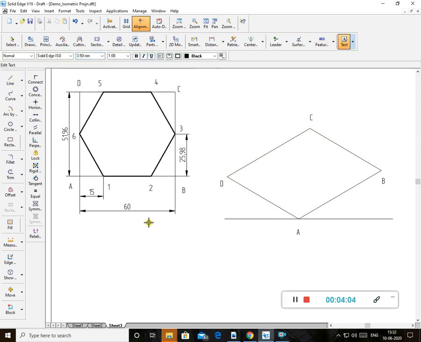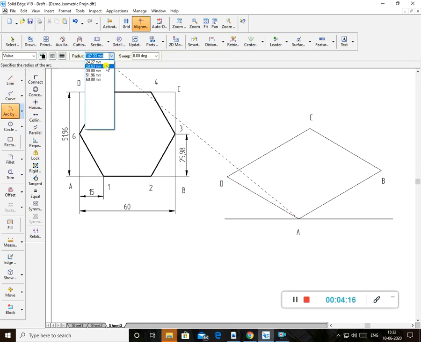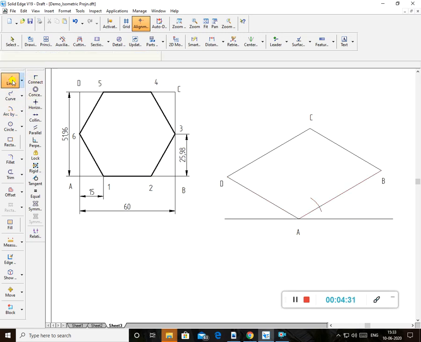Now in that box, on AB, 1 and 2 are there. Point 1, from A, is 15. So from here I draw an arc of 15 radius. You set the compass to the distance A to 1 when you are doing it manually. Then from here I draw a thick line.